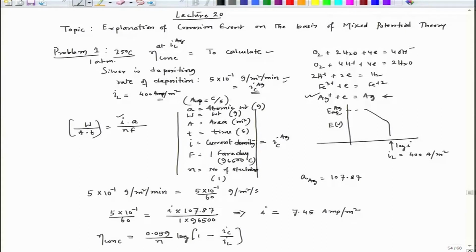Fine, this is the condition. Only under that condition this value will become 0.059. So, I can calculate this value like this: 0.059 by n log 1 minus 7.45 by 400. So, this becomes minus 0.48 millivolt.